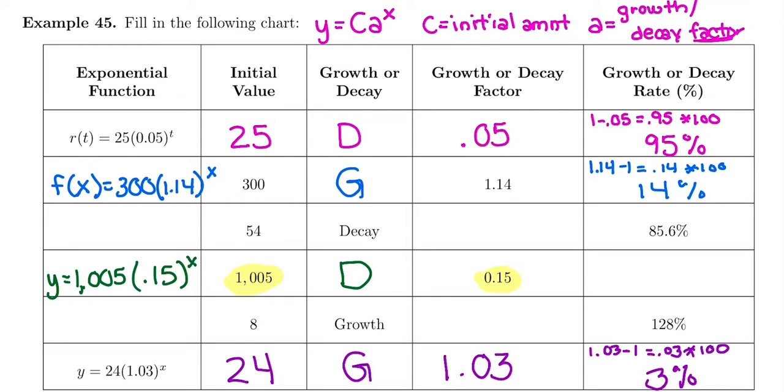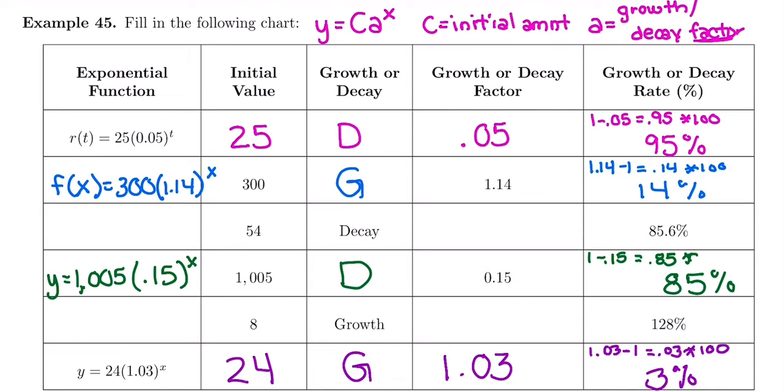So we want to use this piece up here, our last decay we did. We want to figure out how much less than 1 it is, since it's decay. So we're going to do 1 minus 0.15 and figure out that it's 0.85 less than 1. So as a percent, it's 85% less than it was before. Multiplying by just 0.15 represents an 85% decay. So getting very small very quickly.